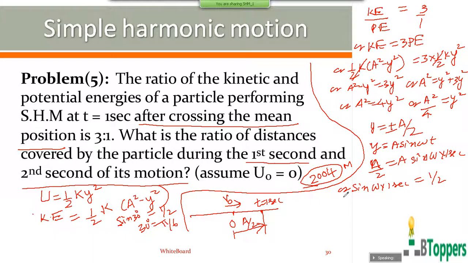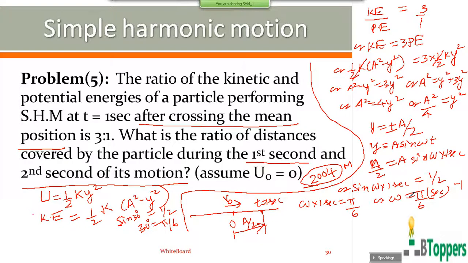So sine pi by 6 equals sine omega into 1 second. So you get omega into 1 second is pi by 6, or you can write omega equal to pi by 6 second inverse.